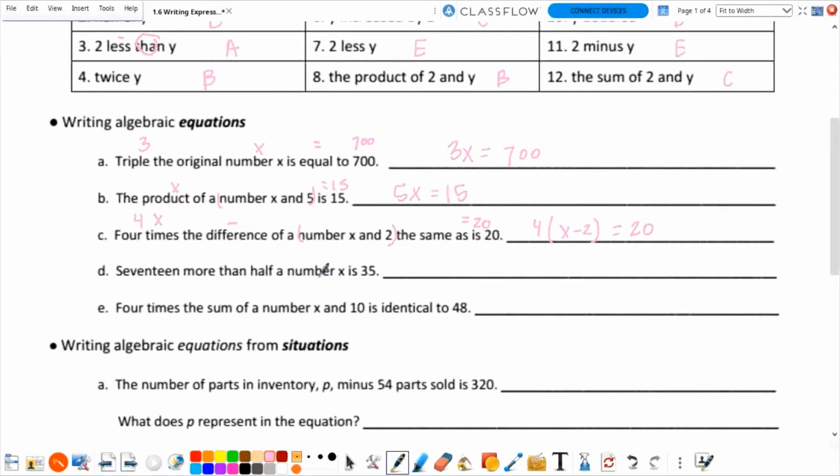All right, D, we've got 17 more than half a number x is 35. So we have 17. More means we're adding. Than means we have that switch. I'm just going to do a little arrow to show that. Half a number x is 35. So that's going to be divided by 2.